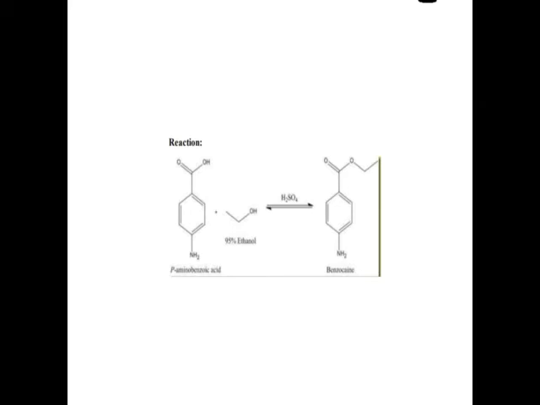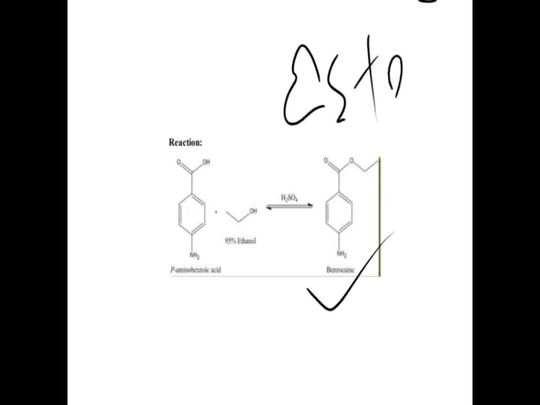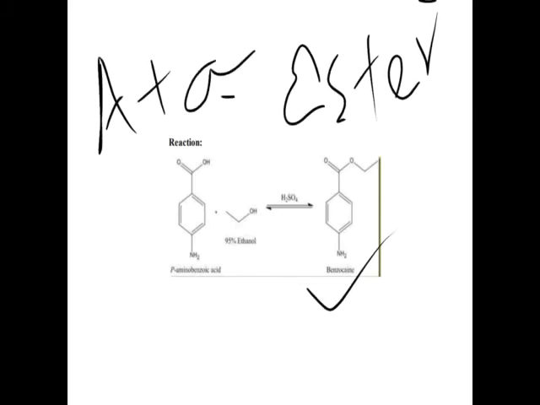Next is the synthesis of the drug benzocaine. This benzocaine is an ester, and as I have told you, an ester is formed when an acid reacts with an alcohol. So for benzocaine, an ester, it requires 1 acid and 1 alcohol.